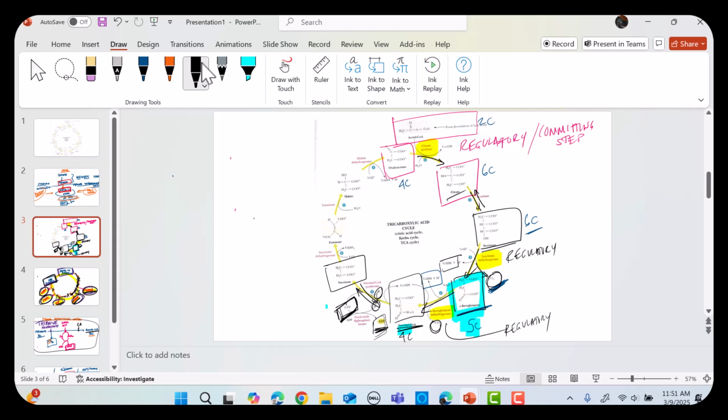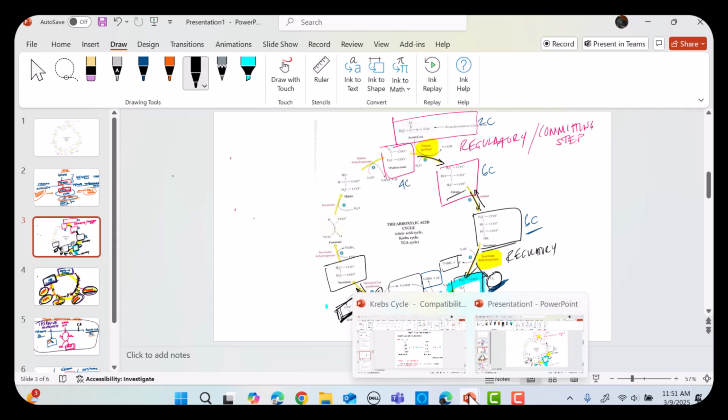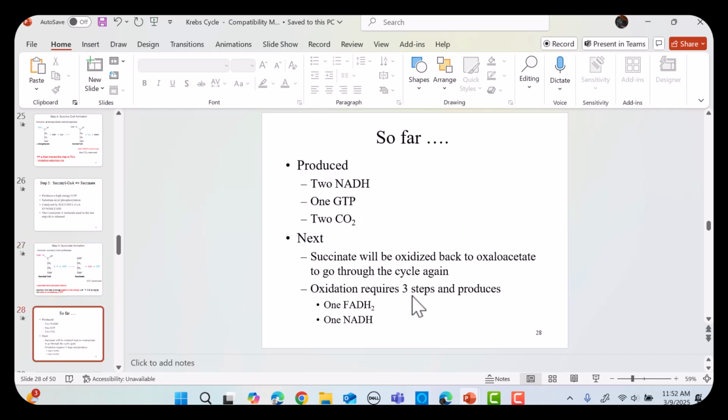Okay, so I've got my succinate. Let's go back. So far I've gotten 2 NADHs, I've gotten a GTP, and one more thing about that, let's talk about that. Remember, let me just remind you, bring you back to Biochem 1 for a second. Remember what we said about anything TP. For our purposes, they all work the same.